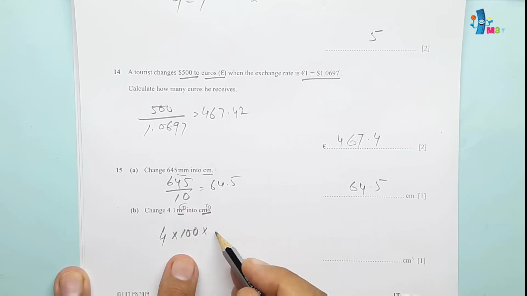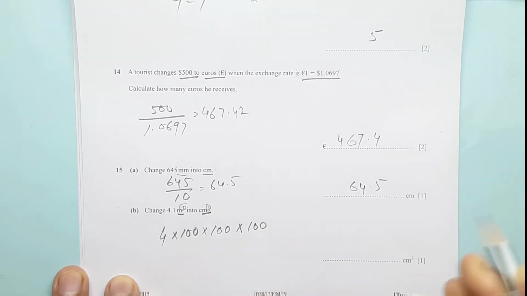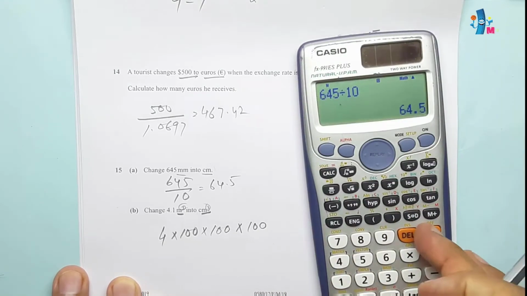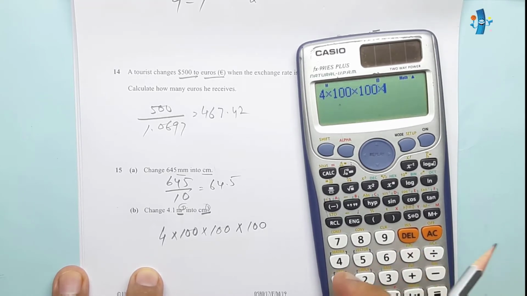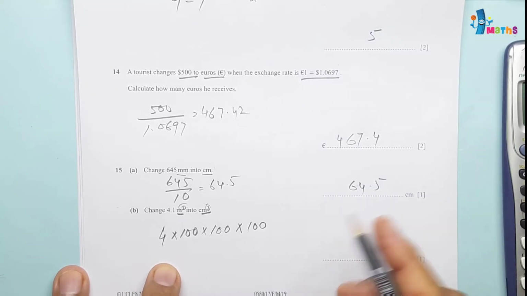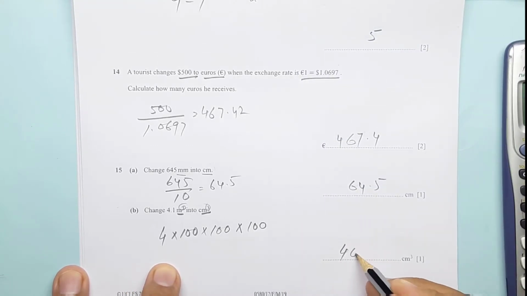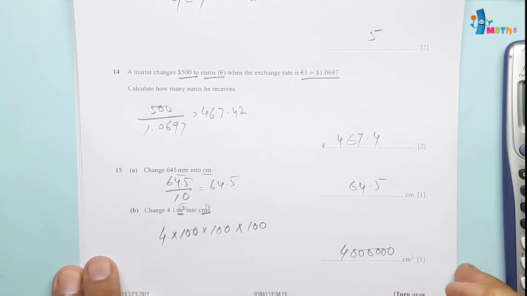So we'll have to multiply 3 times, 100, 100 and 100. So this will be 4 multiplied by 100 multiply by 100 and multiply by 100 is equal to 4 with 6 zeros. So we can write here answer for 1, 2, 3, 4, 5 and 6 zeros.